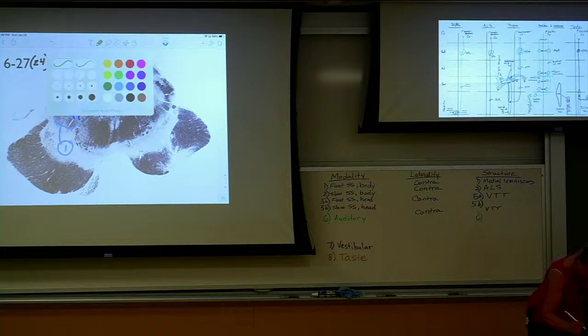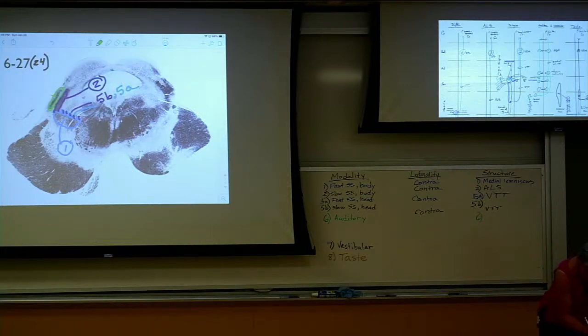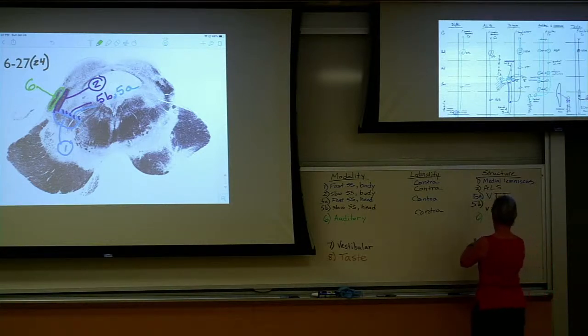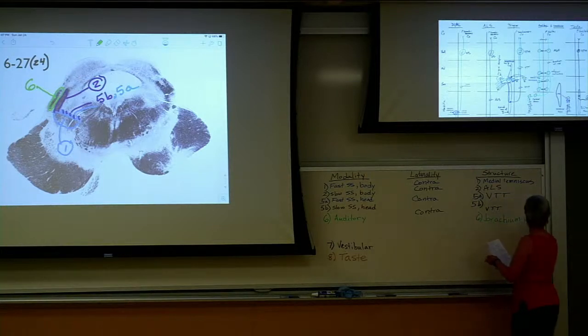And then we have our new structure that has to do with our auditory system, so we'll label that as a 6. And the structure is the brachium of the inferior colliculus.